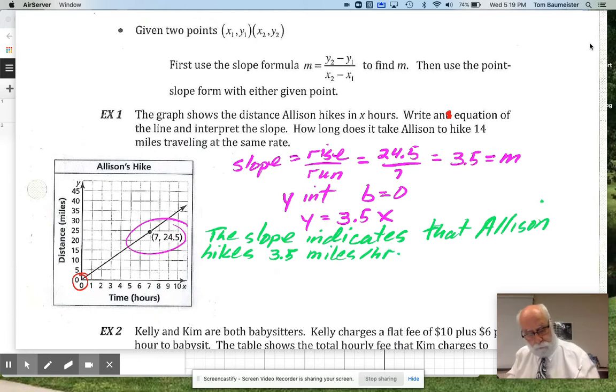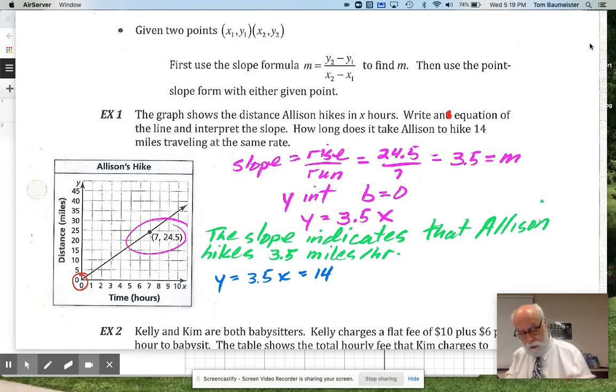All right. Then it is saying, how long does it take Allison to hike 14 miles traveling at the same rate? So we know that y is equal to 3.5x. And in this case here, they're telling us that our y is equal to 14.